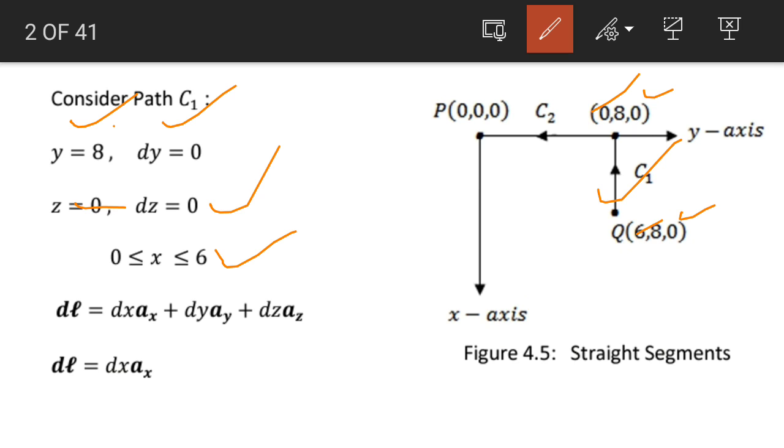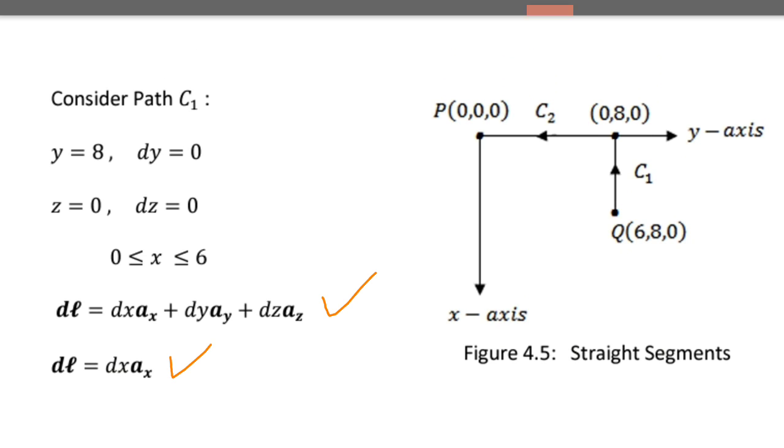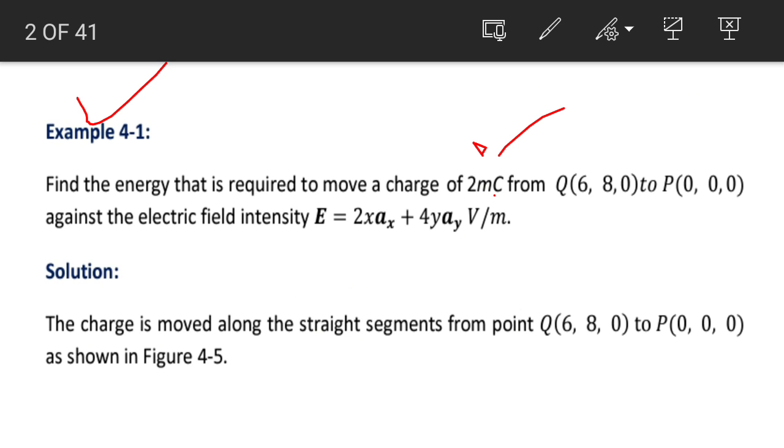We know that the differential length vector in the rectangular coordinate system is given by dx ax plus dy ay plus dz az. As dy is 0 and dz is 0, the differential length vector will be equal to dx ax. Here is the electric field intensity, which is 2x ax plus 4y ay.